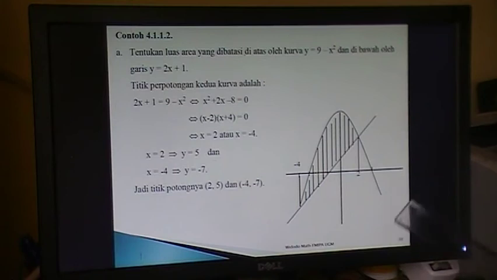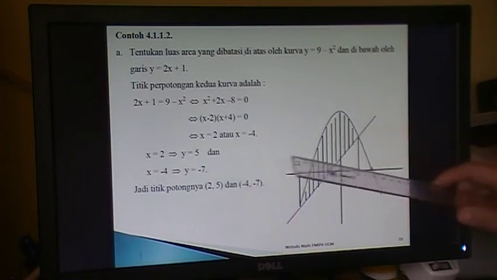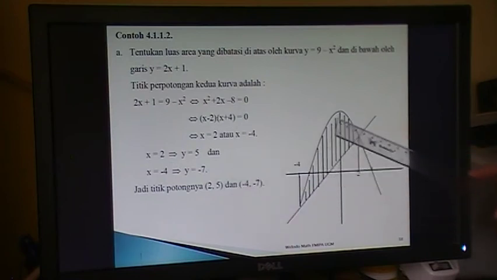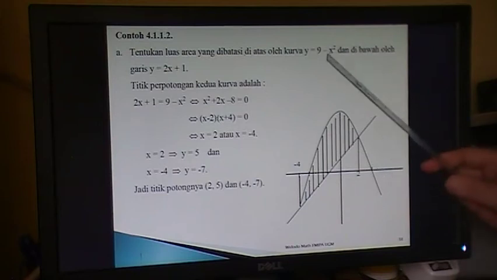And actually, the area between the two curves is this dashed area. Because of this, we have to first find the intersection of these two functions.